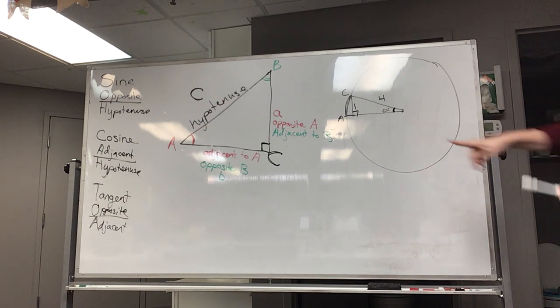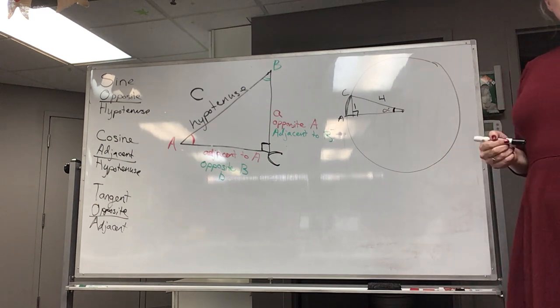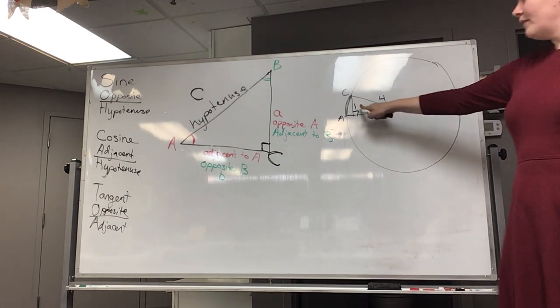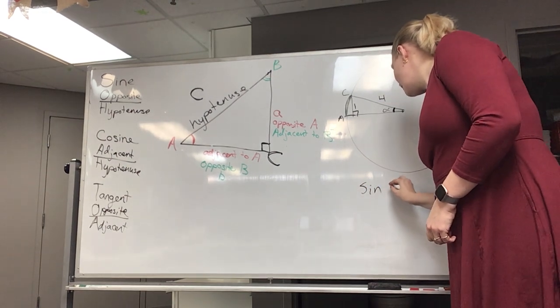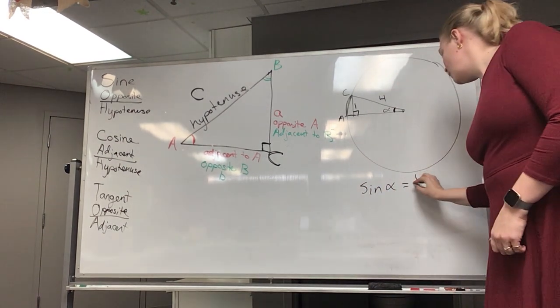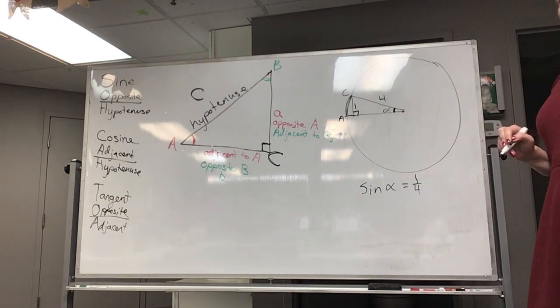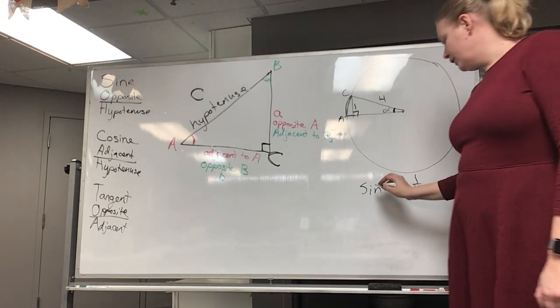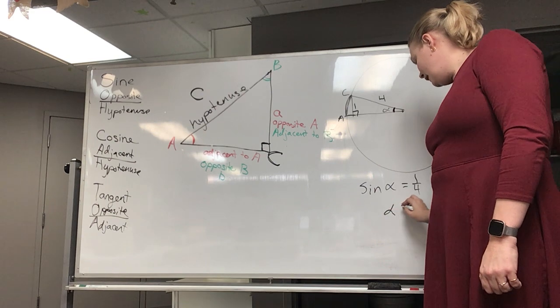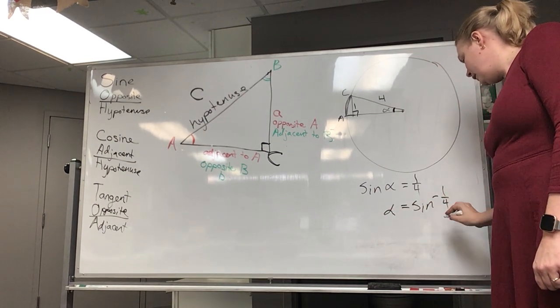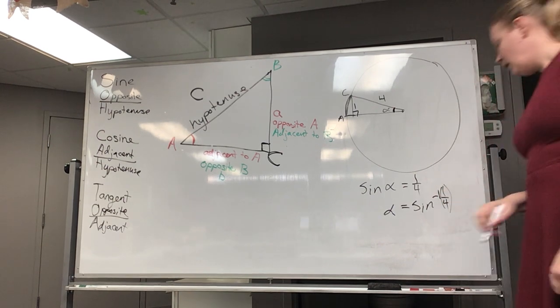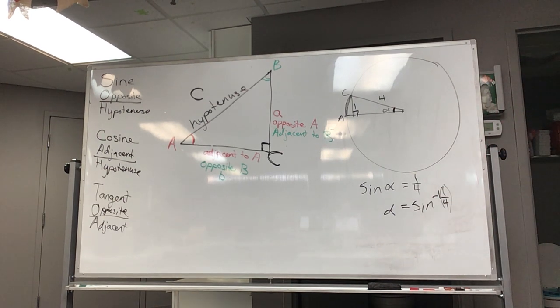Yes. So 1 and 4 compared to our angle are a sine relationship. We have the opposite and the hypotenuse. So the sine of our alpha is equal to 1 over 4. If we want just the angle, we use that inverse, and alpha is equal to the inverse sine of 1 over 4. And we're going to leave that there. It does not calculate it out. It leaves it at that inverse.